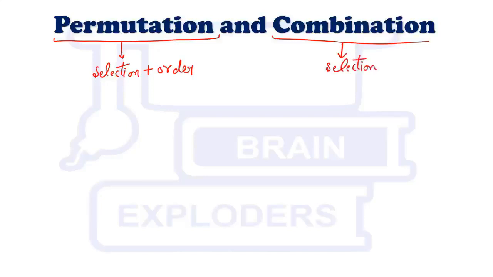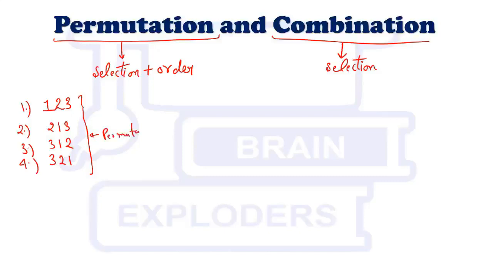Suppose there are some numbers 1, 2, 3, then 1, 2, 3 is one of their permutations, and 2, 1, 3 is another permutation, 3, 1, 2, 3, 2, 1, etc. are the permutations, and in this way several more permutations can be formed. Each one of the formations here is a permutation.